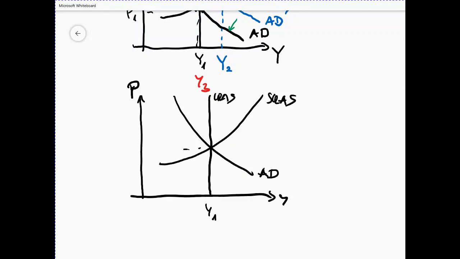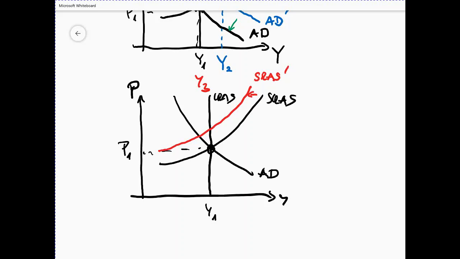So we again start from the initial long run equilibrium, and it is possible that, for example, the price of oil or other sources of energy increases. Now that will also be part of the cost, of course, so that would reduce the profitability of the firms, and you would expect again a leftward shift in the economy.